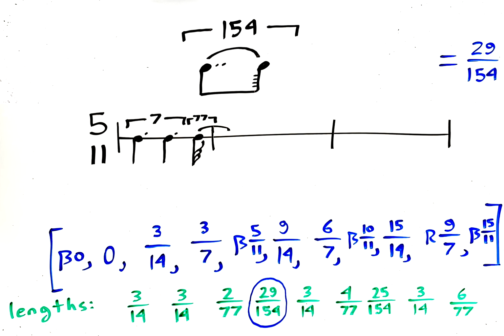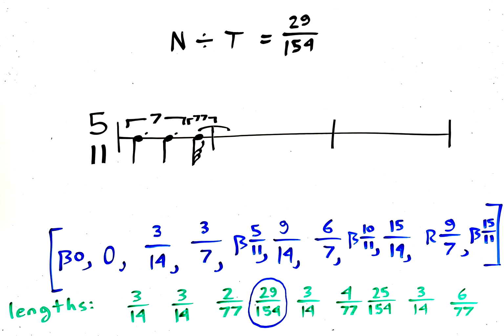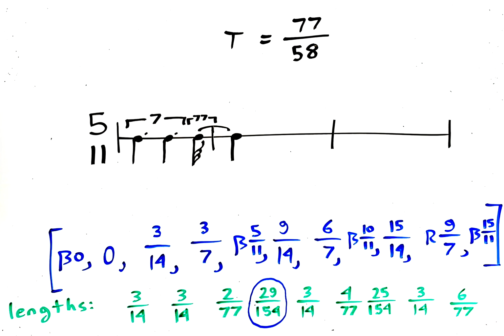Now, if we still don't like this, we can just use a simpler normal length. Let's just pick a quarter note. If the changed length is 29/154 and the normal length is 1/4, then the tuplet value is 77/58. So, if you prefer, you could also notate the segment as a quarter note under a 77 against 58 tuplet.